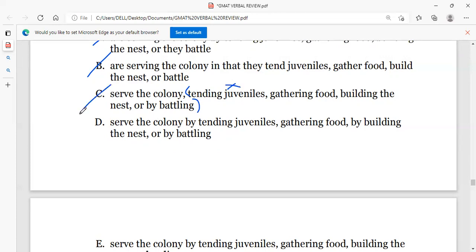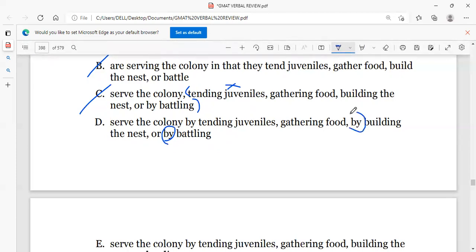Okay. Looking at option D. Serve the colony by tending juveniles, gathering food, by building nests, or by battling. There's an unnecessary by here. Many times they have given this by. By tending is fine, but by building, by battling, not needed, right? It is redundant, using by too many times.